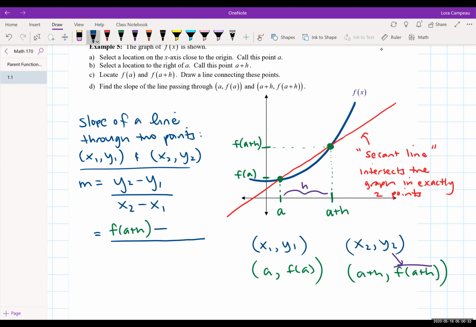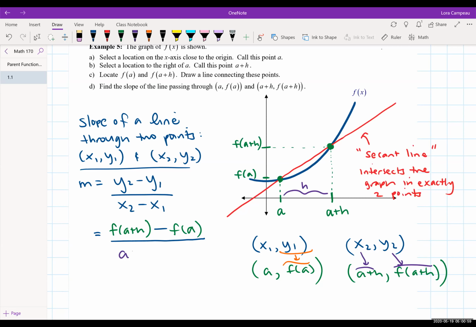There's a minus sign from the slope formula. My y1 is defined as f of a, same thing. So that's the f of a from the formula, y2 minus y1, and then over x2 minus x1. So if I map those two as well, x2 maps as a plus h.